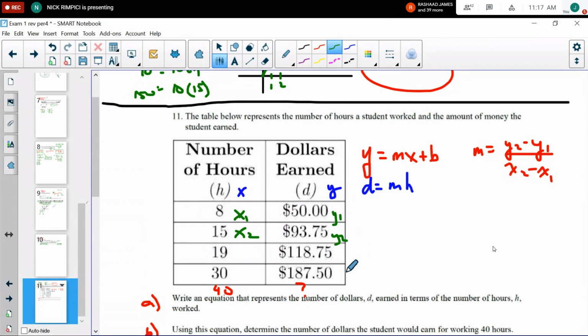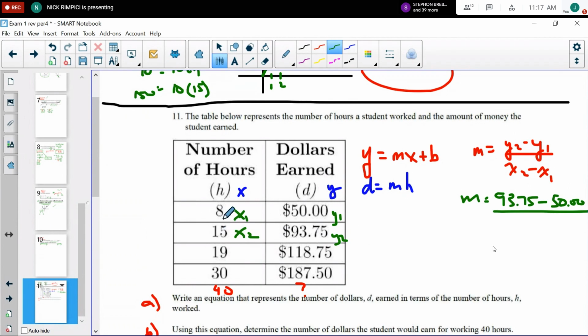Since we chose points 1 and 2, I'm going to do y2 minus y1. So y2 minus y1 is 93.75, which is y2, minus y1, which is 50. Divided by x2 minus x1.